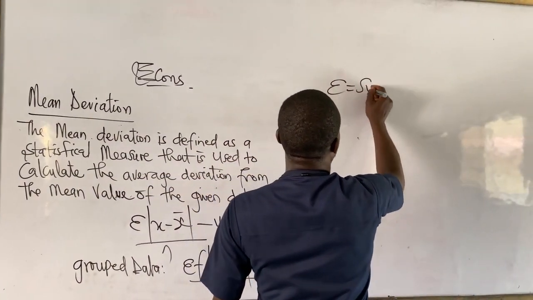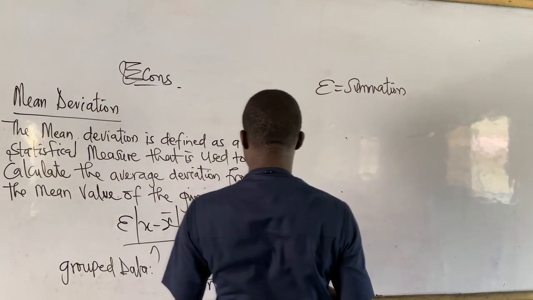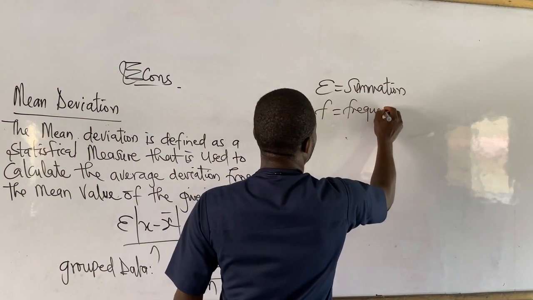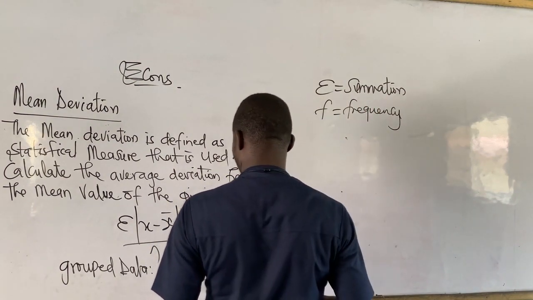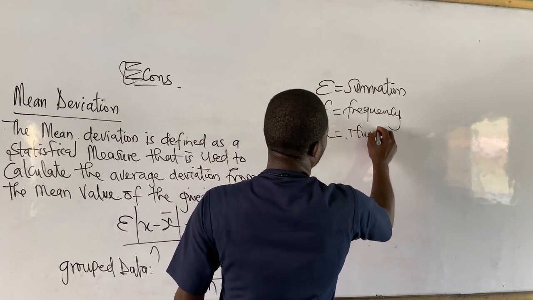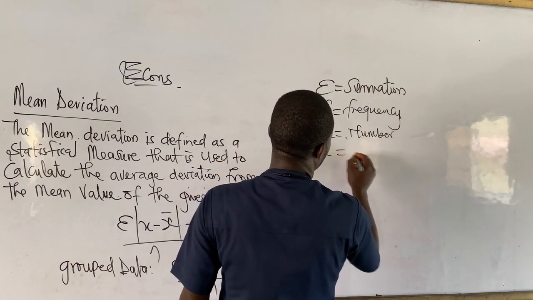What are those ones? We have summation, then we have the f, which will mean the frequency. Then we also have the x as the number. We have the bar x as the mean.